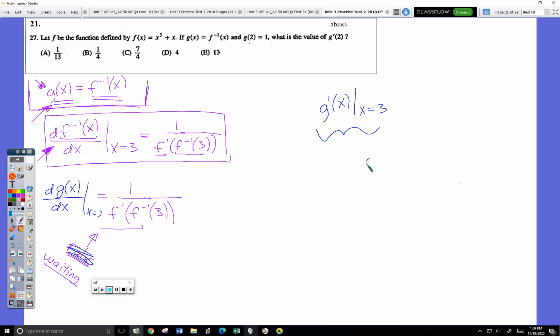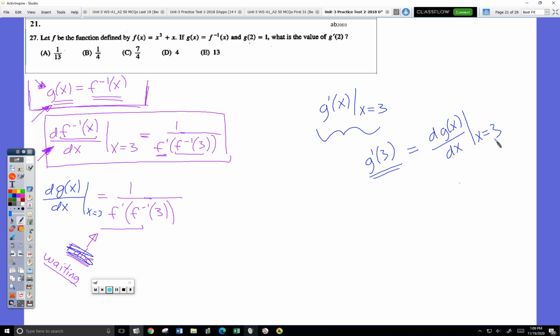They'll write this instead. That means go find g prime, then plug in 3. This does mean the same thing as this. Those two are identical. So you could just write g prime of 3 equals 1 over f prime.